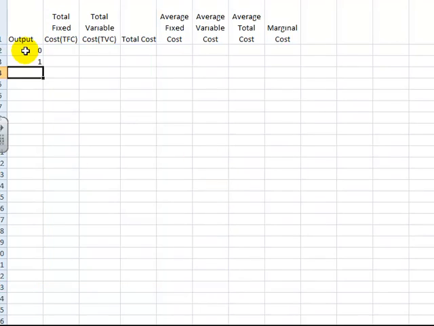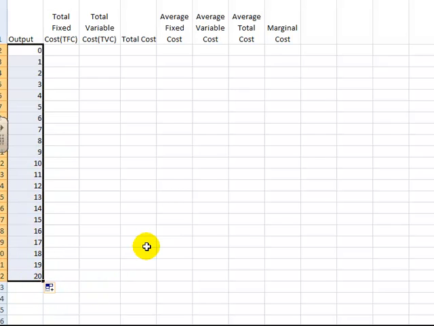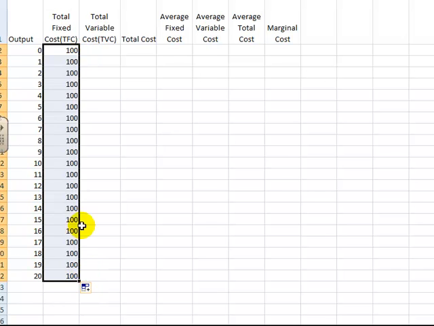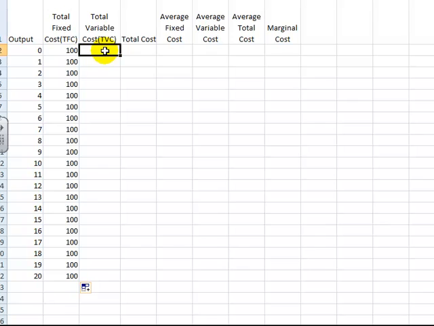Put 0 to 20 for the output, so we can check all sorts of costs for such a production. So the total fixed cost equal to 100, as we did in the slide.